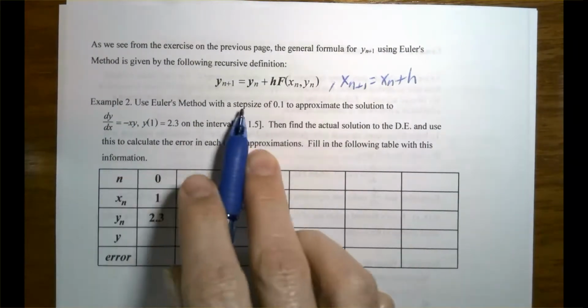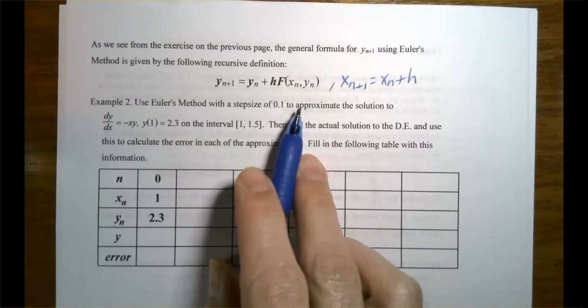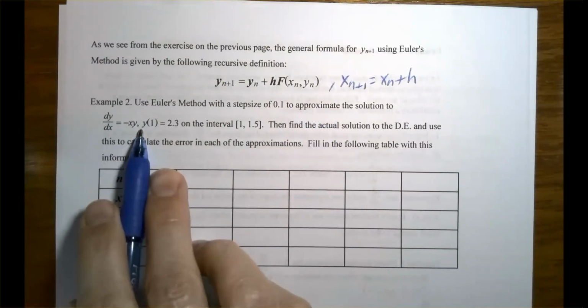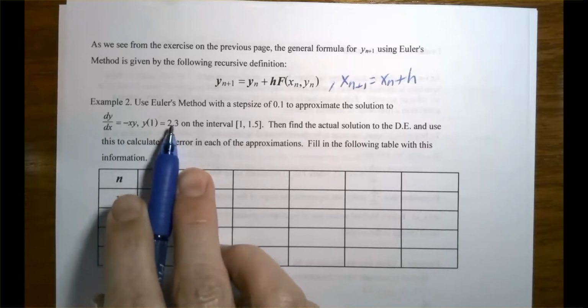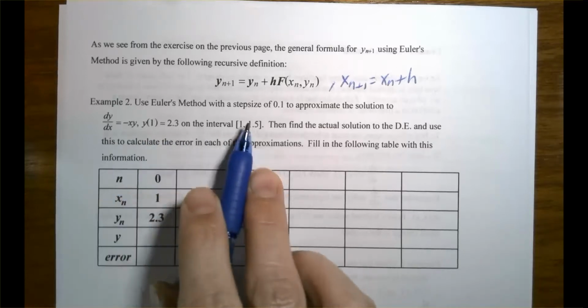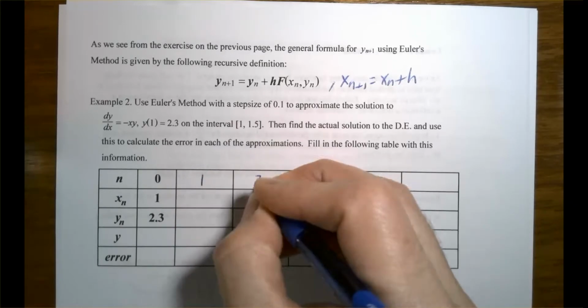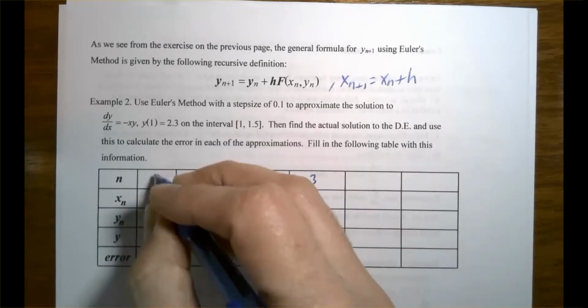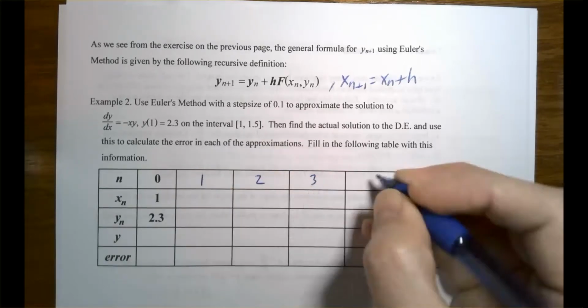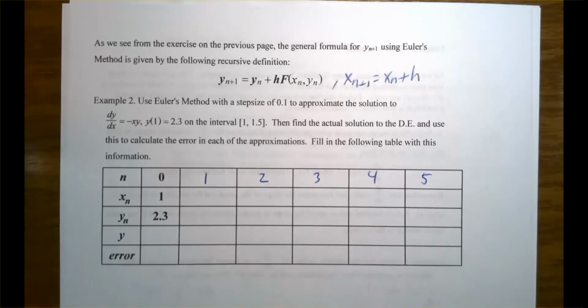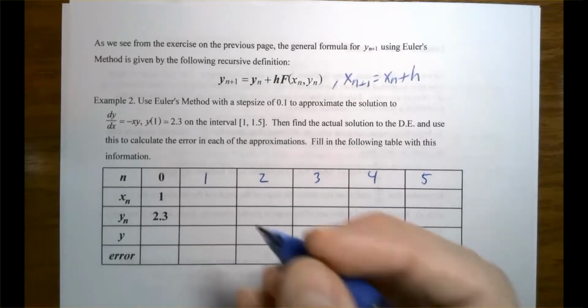Example 2 says, use Euler's method with a step size of 0.1 to approximate the solution to this differential equation, where y of 1 is 2.3, and we're on the interval from 1 to 1.5. So my n values are 0 for my initial, and then 1, 2, 3, 4, and 5, because it's going to take 5 iterations with the step size of 0.1 to get from 1 to 1.5.